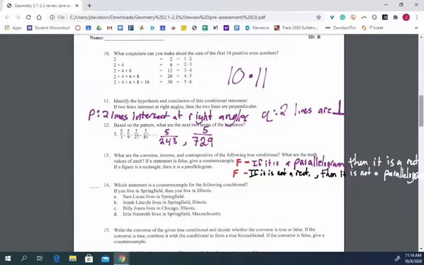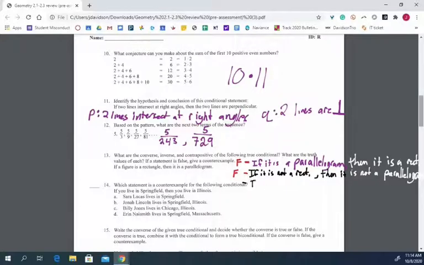And then the contrapositive is where you switch and negate. So I'm going to take the converse and negate it is basically all I have to do.